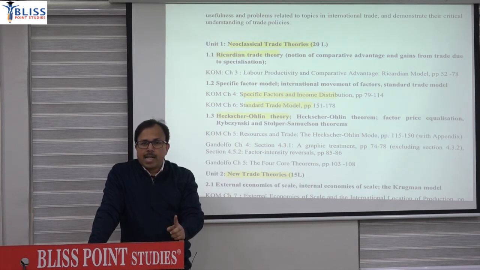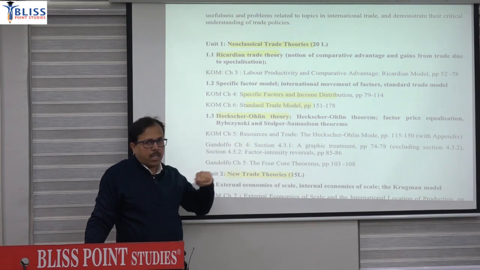So there can be intra-industry trade along with inter-industry trade. Inter-industry trade is export of cloth in exchange for food. Intra-industry trade is export of cloth in exchange for import of cloth. So cloth for cloth or food for food. Intra-industry trade will become a new feature of new trade theories.